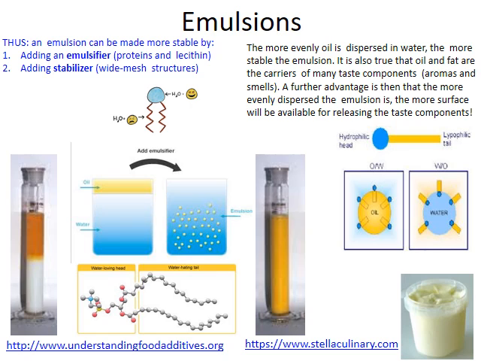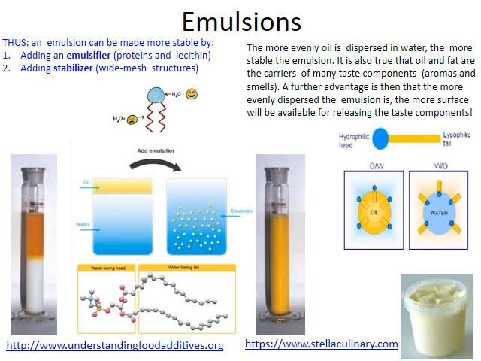Suppose that in the oil you have very nice color components or taste components or smell components or aromas. The finer these droplets are, the more taste will be released when you eat these very small droplets, this very good dispersion.